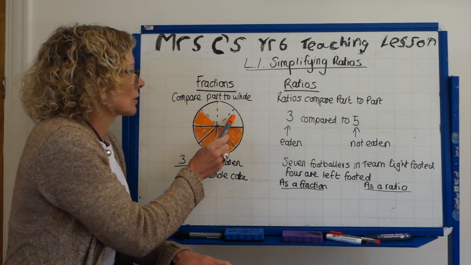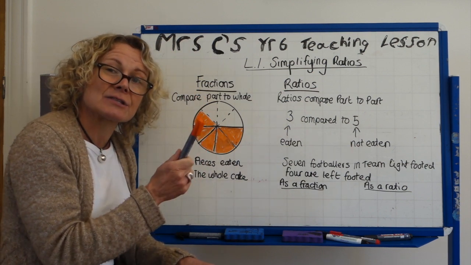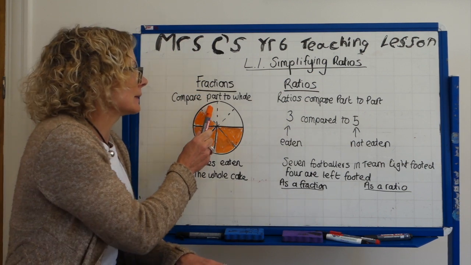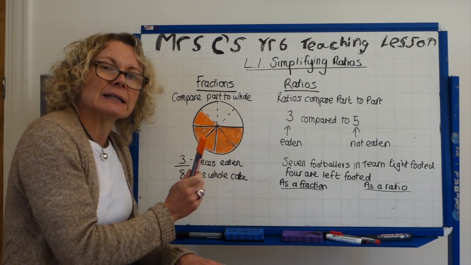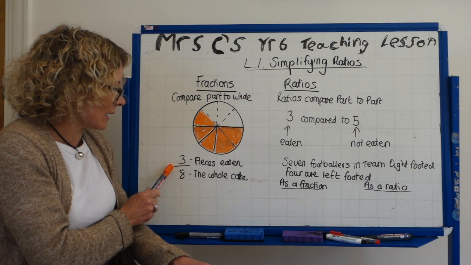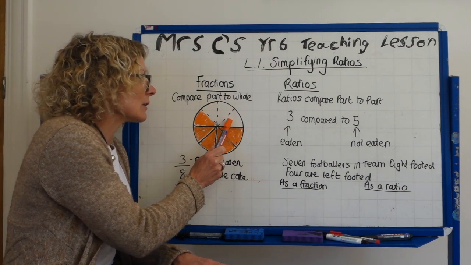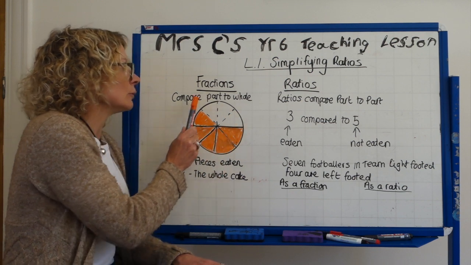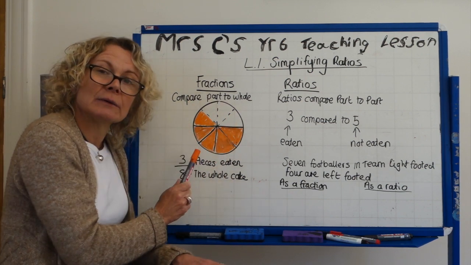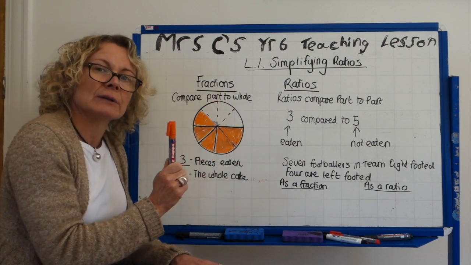Okay, so 1, 2, 3, 4, 5, 6, 7, 8. The cake is cut into eighths. Agreed? How many are eaten? 3 out of the 8. So we write that as 3 over 8. And we're comparing the 3 that are eaten to the whole, which was 8 when the cake was first cut. Okay? So that's what fractions do.